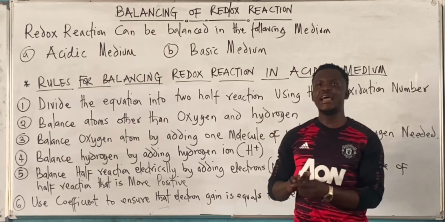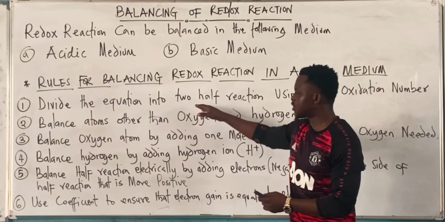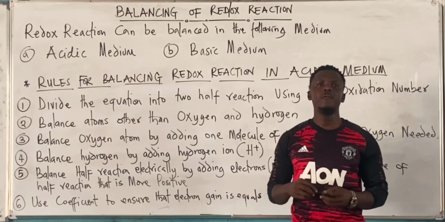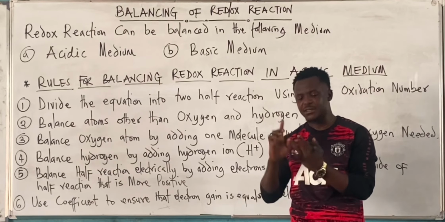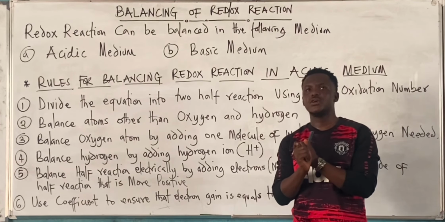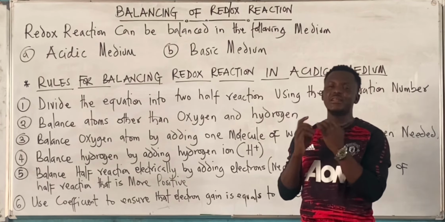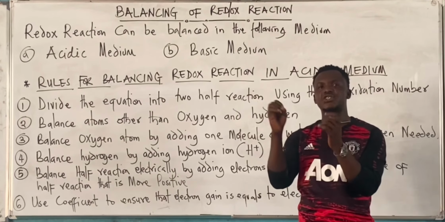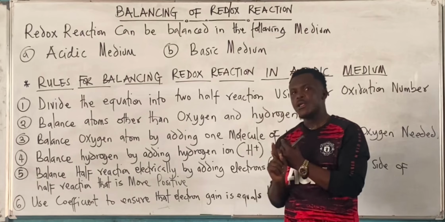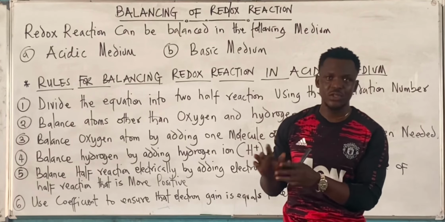Now, you're going to divide the equation into two half cells. If you could recall, there are three major ways one can balance a chemical equation, right? We have the inspection method, basically the method that involves staring at the equation and then coming up with coefficients to add up to balance it. We have the second guy, algebraic method.